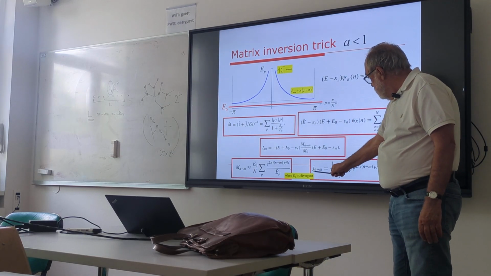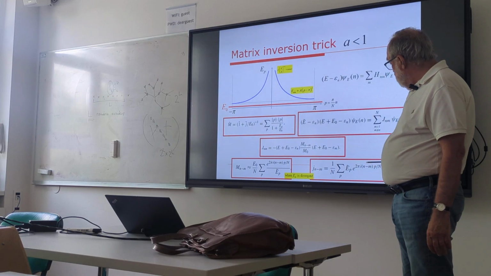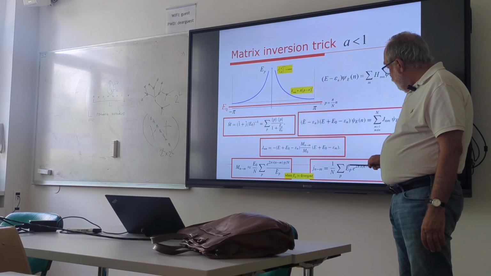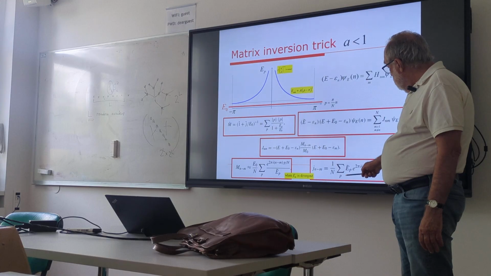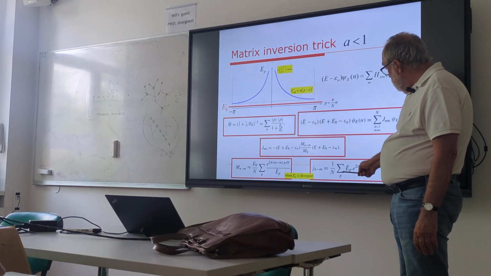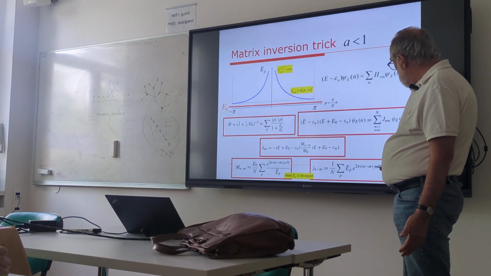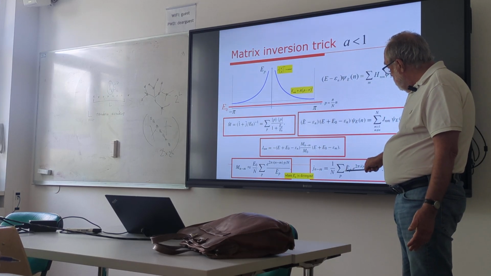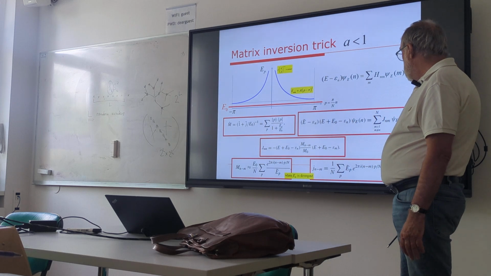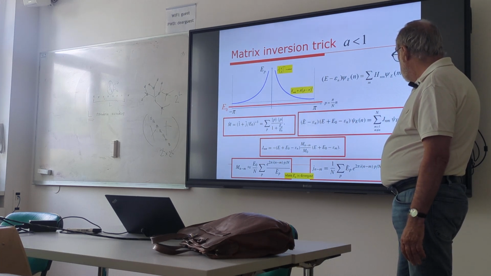The important thing is that this was H and M, so this must be H. This H and M can be expanded in the momentum, and this is the spectrum that I have shown to you.